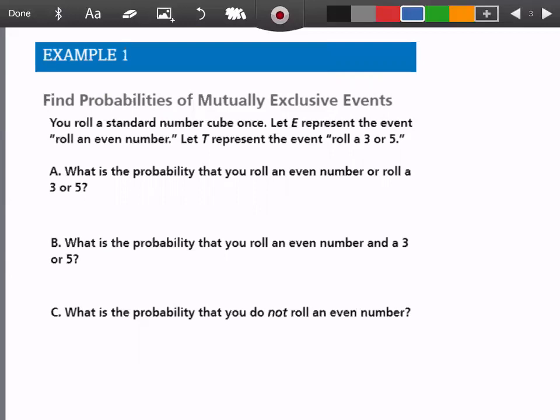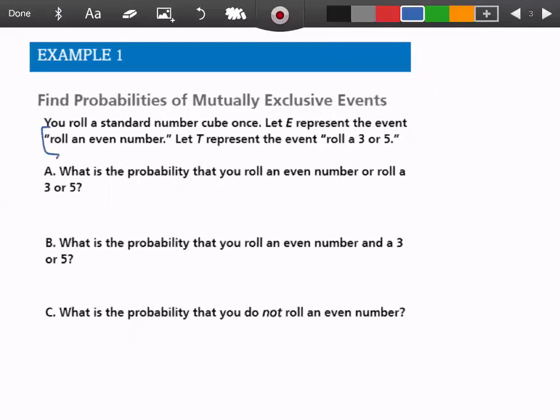Let E represent the event that you roll an even number. Let T represent the event that you roll a 3 or a 5. What is the probability that you roll an even number or you roll a 3 or a 5?